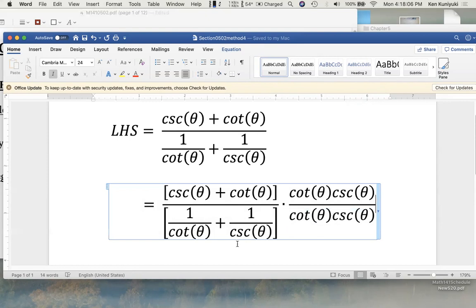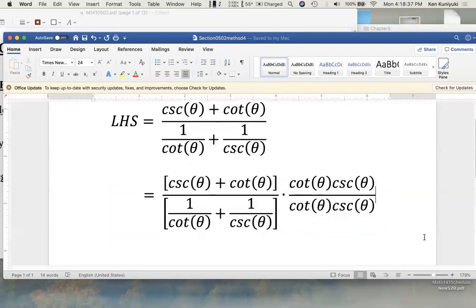Because multiplication distributes over addition, I'm going to hit both of these terms by these two factors, cotangent of theta times cosecant of theta. The goal being to kill the little denominators down here, and to avoid a compound fraction after this point. So again, do not distribute on the top because we like factored forms when the pieces are nice, but we are going to distribute in the bottom because I don't like these fractions here. I don't like these little denominators. So let's clear them.